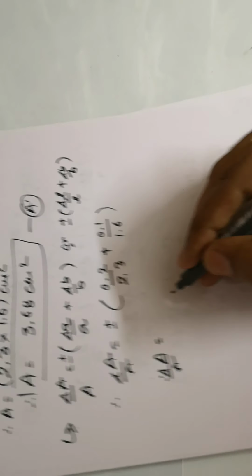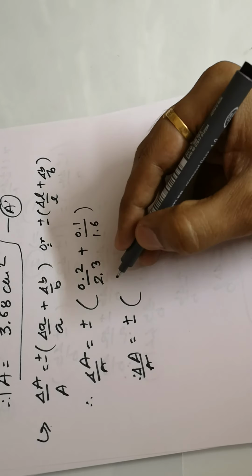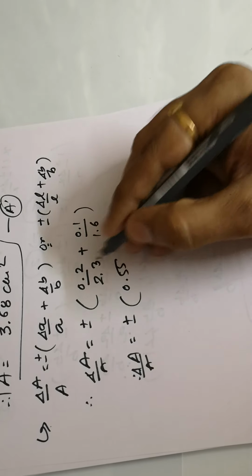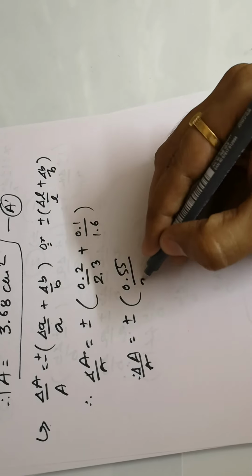So delta A by A is equal to plus or minus 0.55 after taking LCM and addition.